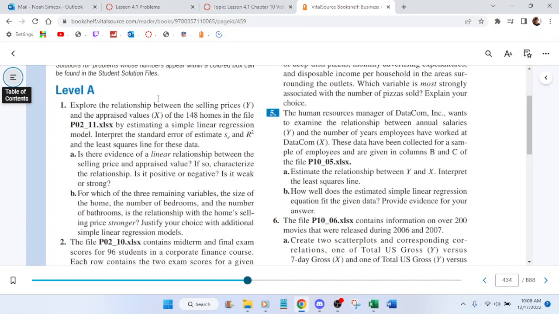We've done standard error, R squared, least squares line, linear relationship, positive or negative, weak or strong. Now we need the relationship between the selling price and the other variables. So selling price will be Y, and the other variables will be X, right?